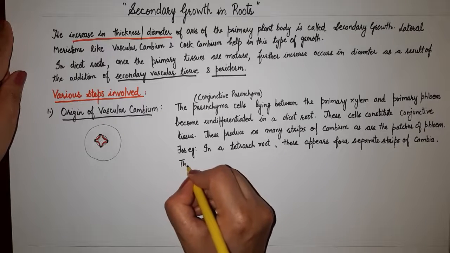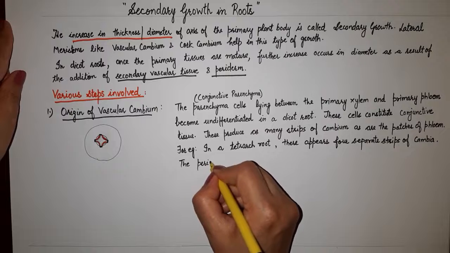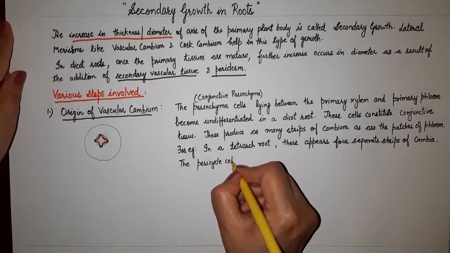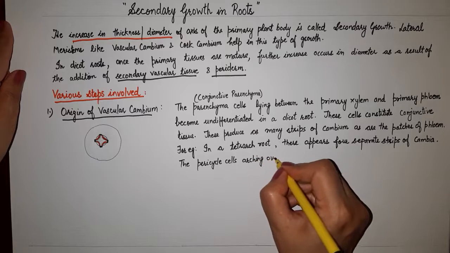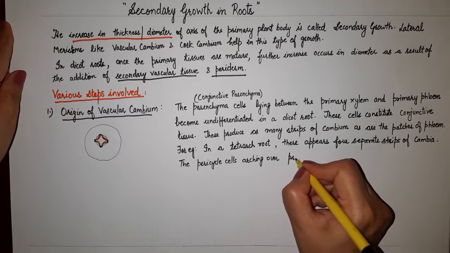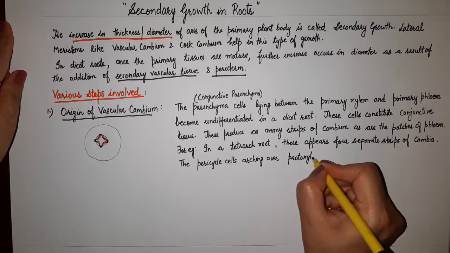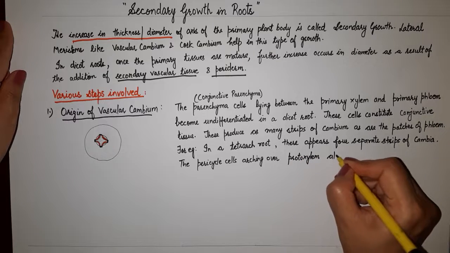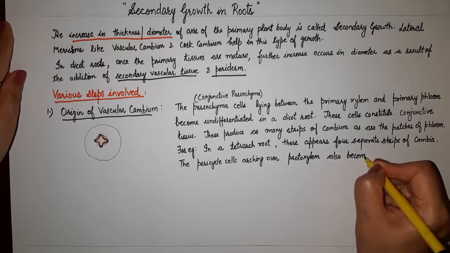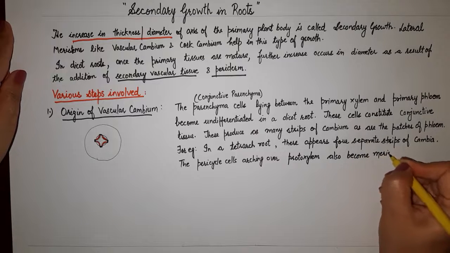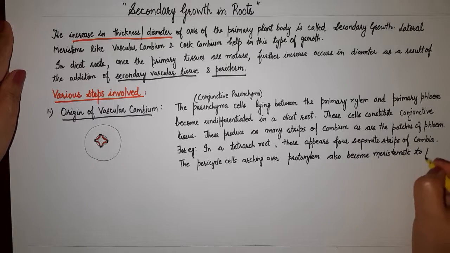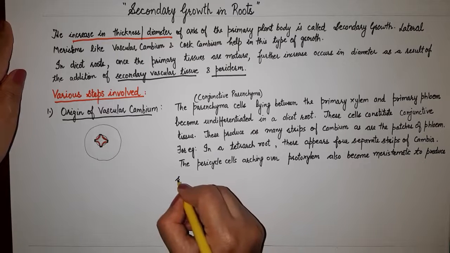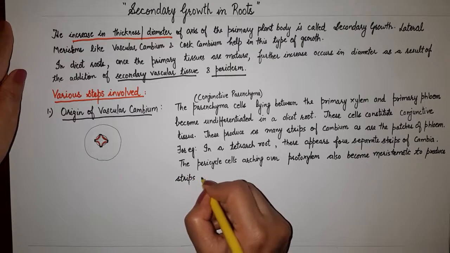So the pericycle cells arching over protoxylem also become meristematic to produce strips of cambia.